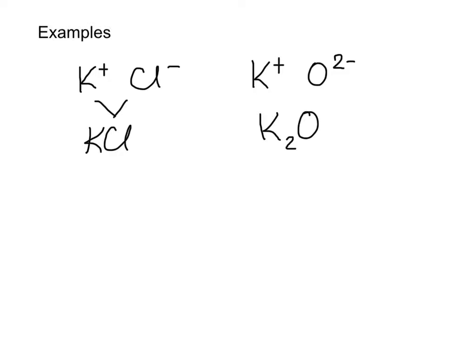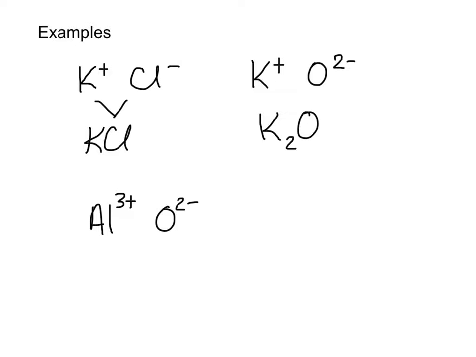And let's do one more as an example. Aluminum we know is a +3 ion. Oxygen, -2 ion. This takes a little more work, and we could use algebra to do this and figure out how many of each we would need for the sums to be equal, or for the overall charge of the compound to be 0, is what our goal is, but there's a really easy way to do that.